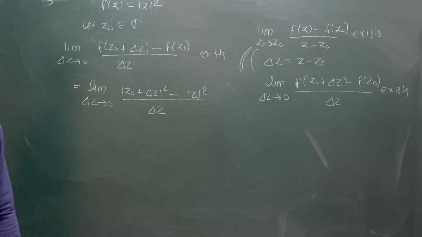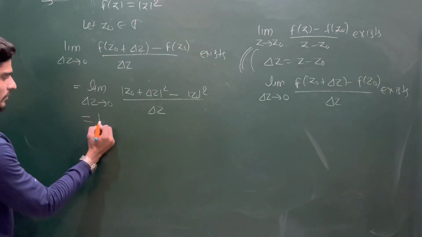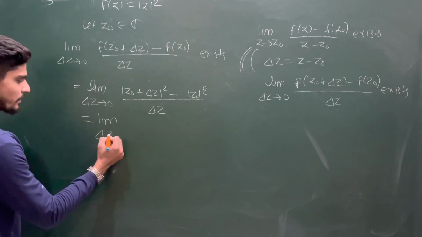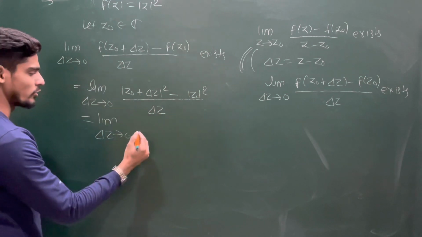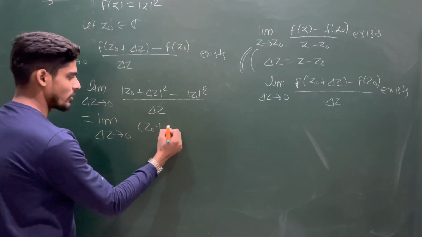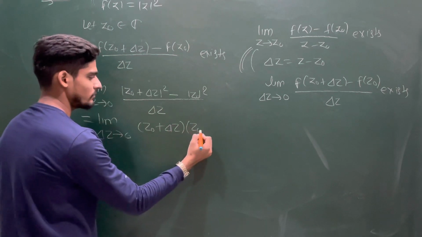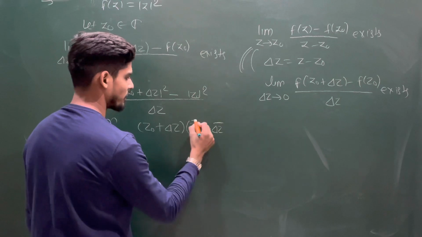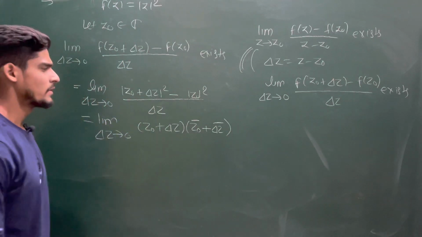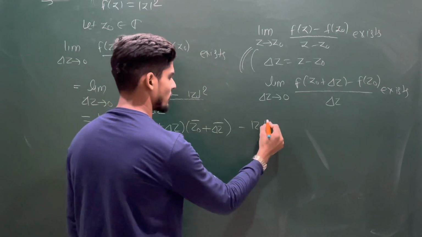You are going to get the same thing. Let us use this thing. The limit as del z approaches 0 of mod z naught plus del z whole square, you can write in this manner: z naught plus del z times z naught plus del z bar, this is the same, minus mod z naught square upon del z.